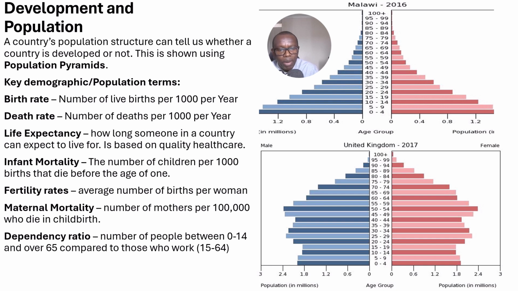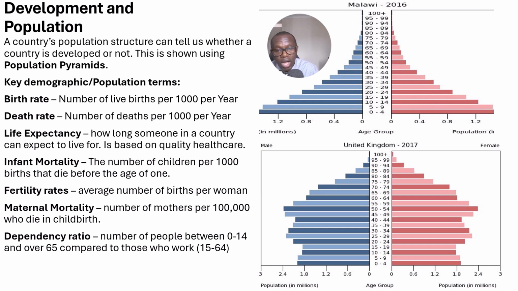Now, when talking about population in a country, there are certain terms that we need to know the meaning of. So the main terms here include birth rate, which is the number of live births per 1,000 in the population of a country per year. And then the death rate is the number of deaths per 1,000 people in a country per year.